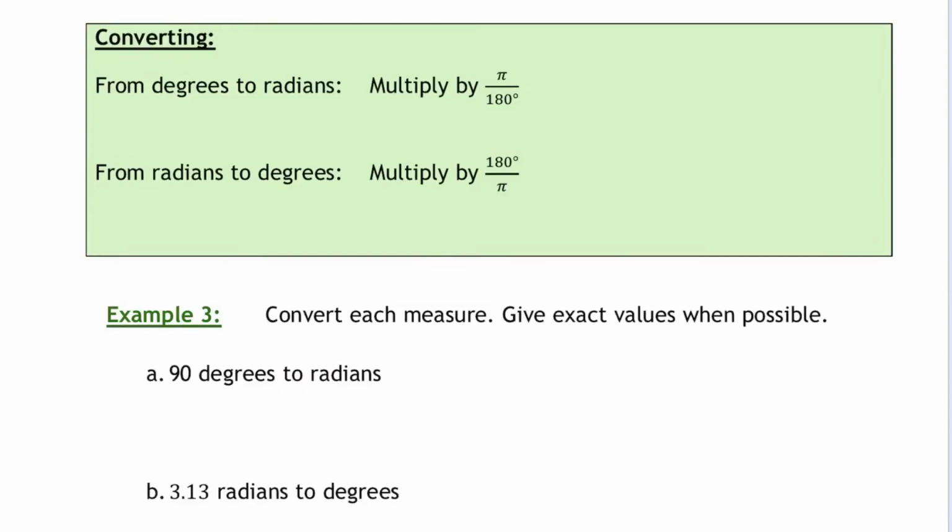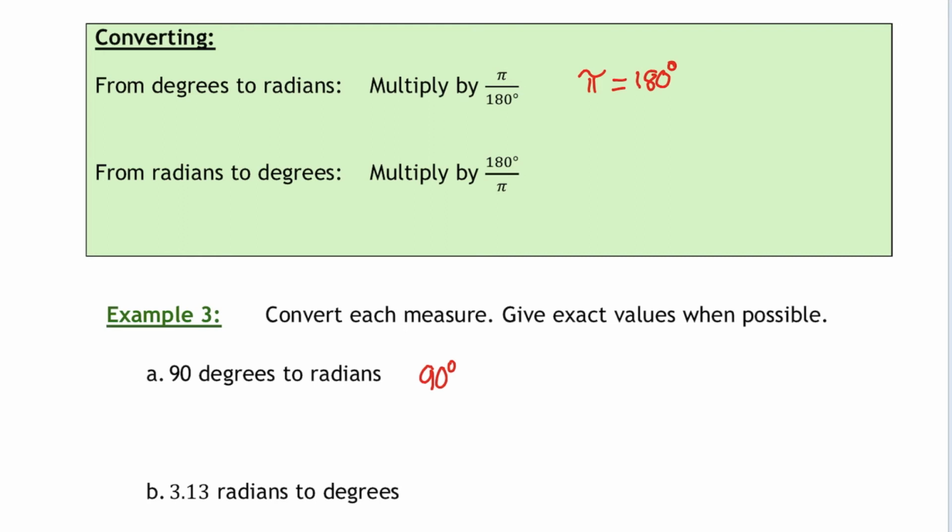So using that same idea, the fact that pi radians equals 180 degrees, we can convert any angle measure, even one that's not a nice fractional multiple of pi, from degrees to radians or vice versa. If you're converting from degrees to radians, you can just multiply by pi over 180 degrees.